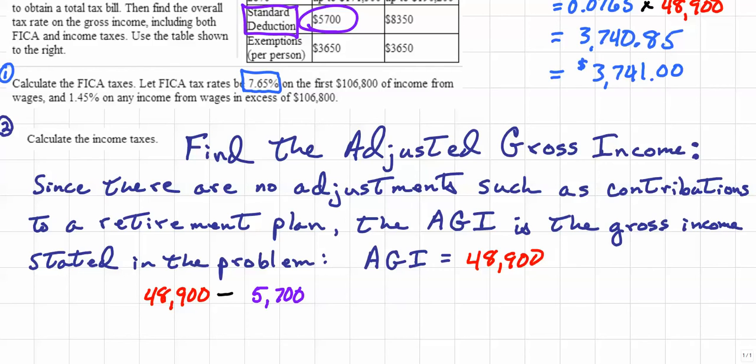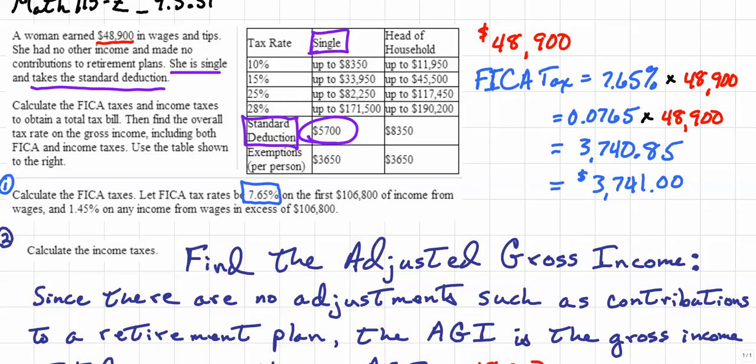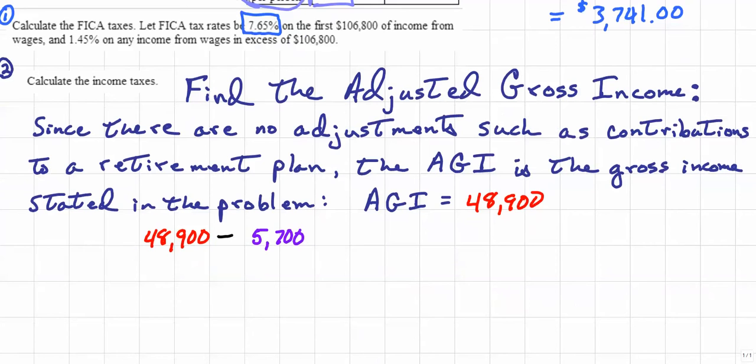and then we look at her exemptions, and since she is single, once again we're looking at single, exemptions per person will be 3,650, so we will subtract that. And this will be the taxable income.